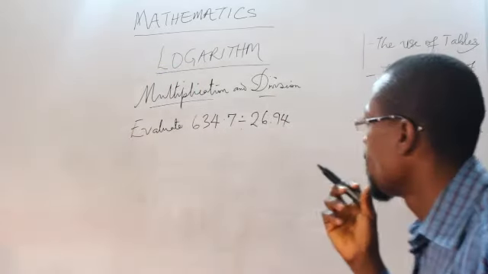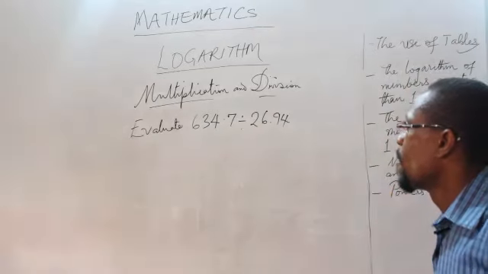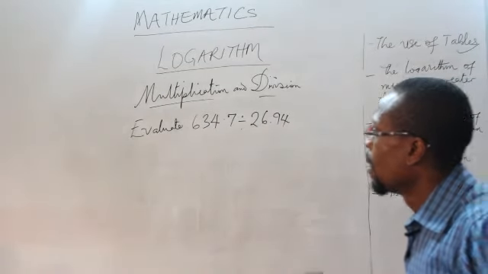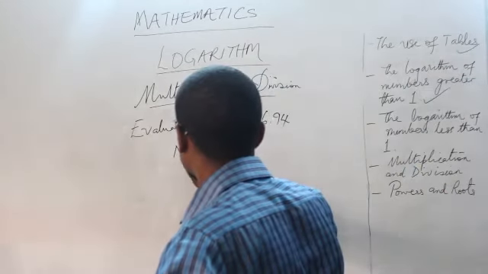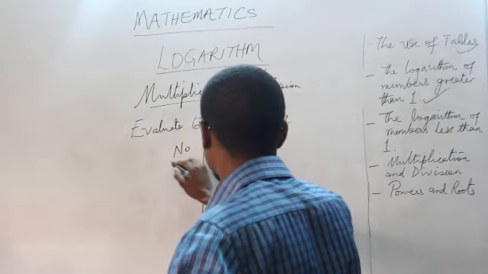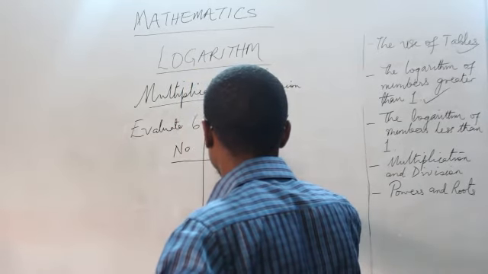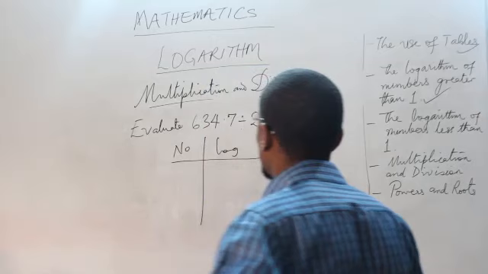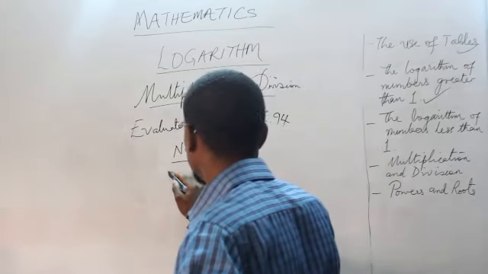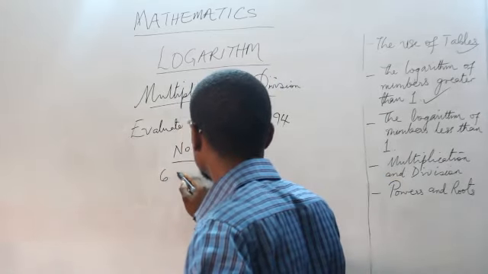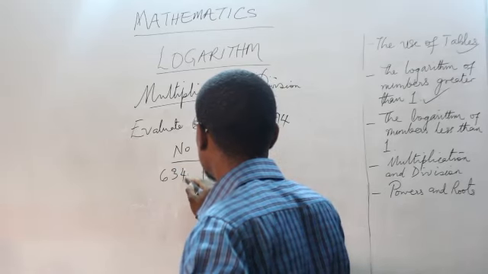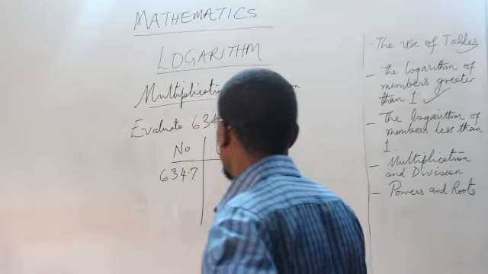Okay? Number anti-logarithm. The first number is 634.7.